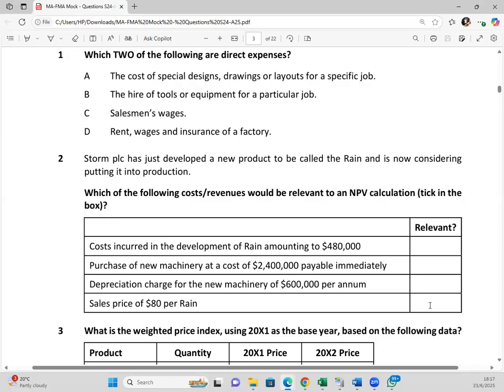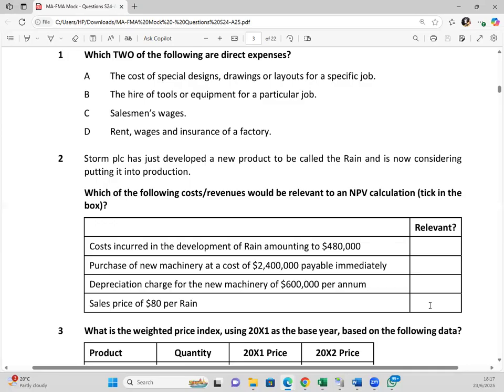So remember, what did we say a relevant cost is? A relevant cost is a future cost, it's a cash flow cost. Is depreciation a cash flow cost? No, it's not. In the last question, it was there as well. Depreciation is not a relevant cost, because it's a non-cash flow cost. A relevant cost should result in us paying money.